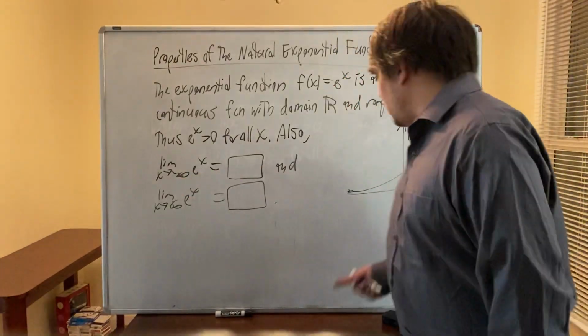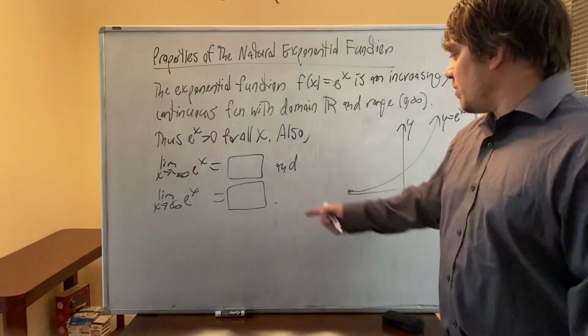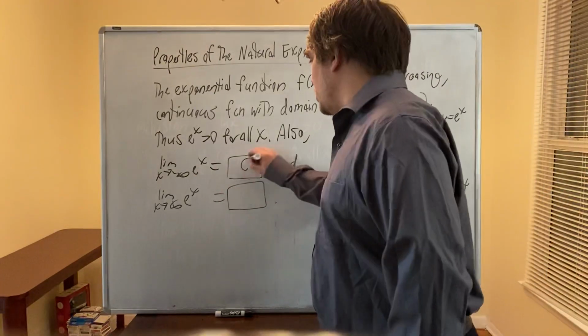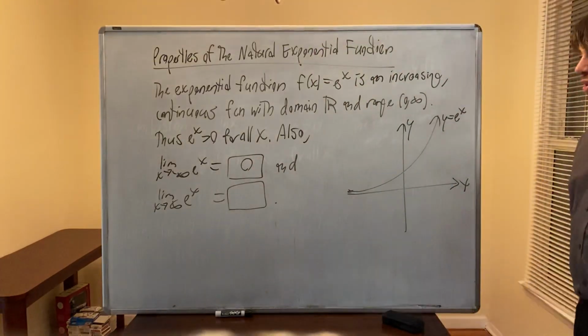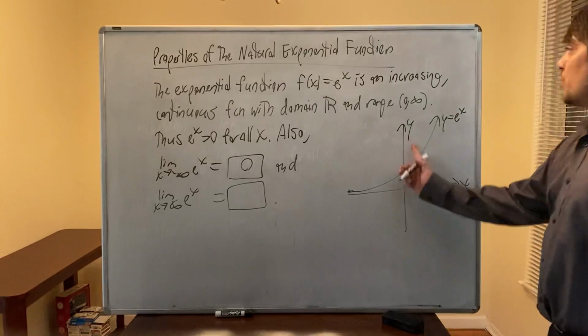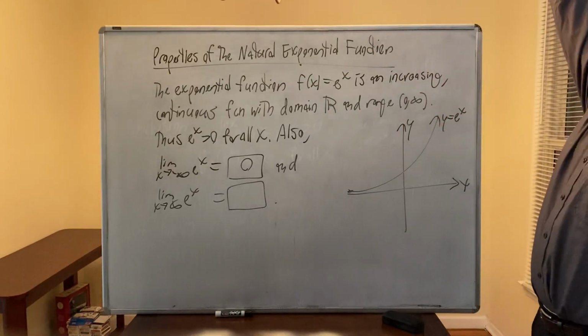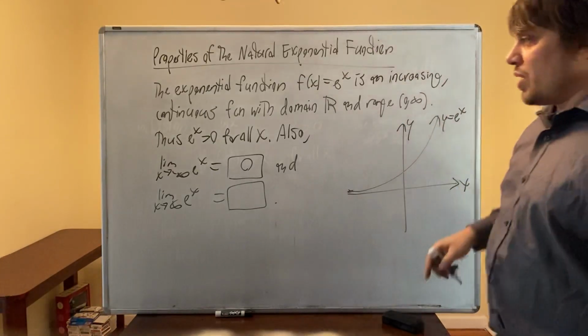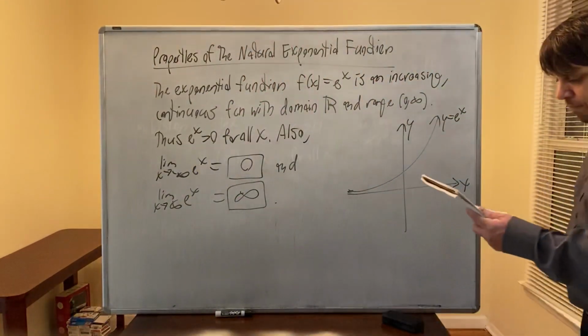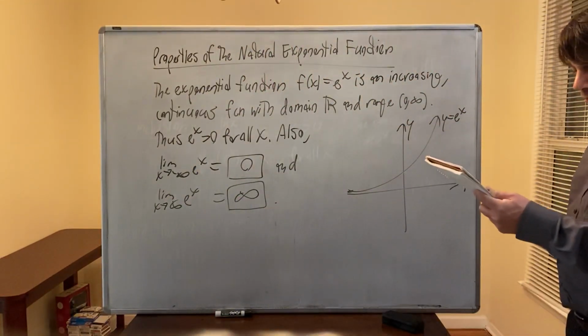As x gets more and more negative, the graph approaches the x-axis. That means the value is approaching 0, so the limit is 0. As x approaches positive infinity, e to the x is just increasing to larger and larger numbers, and so the limit is positive infinity. So that's what those two limits are.